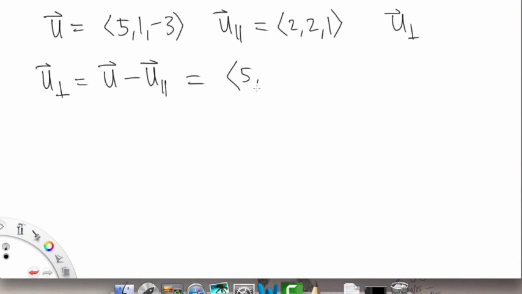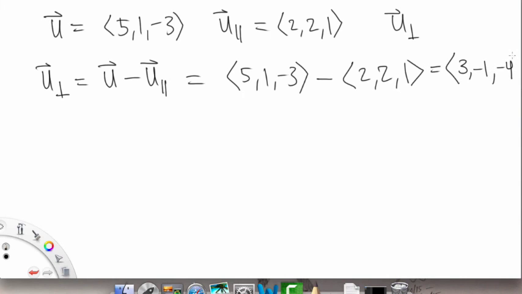Okay? So that'll just be (5, 1, -3) minus (2, 2, 1). And that's just going to equal 5 minus 2 is 3, 1 minus 2 is -1, and -3 minus 1 is -4. Okay, so we found all of them. Now we have our third piece here for our puzzle.